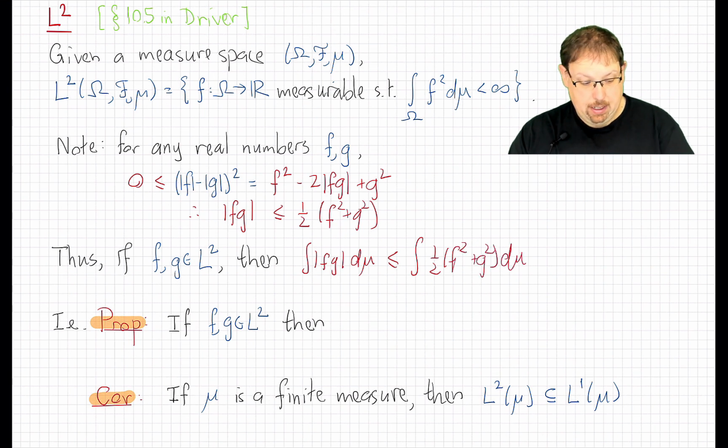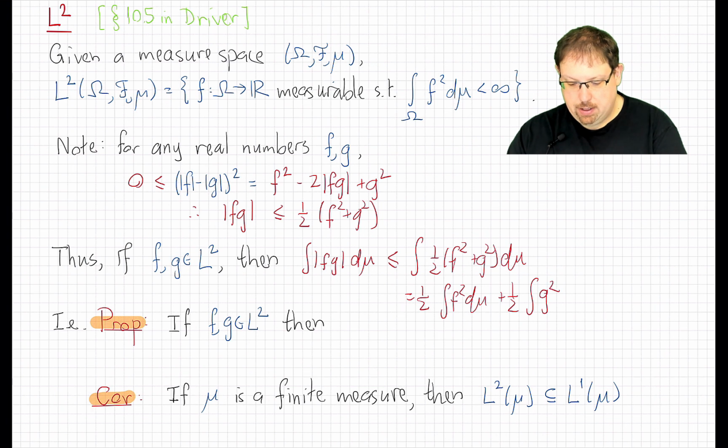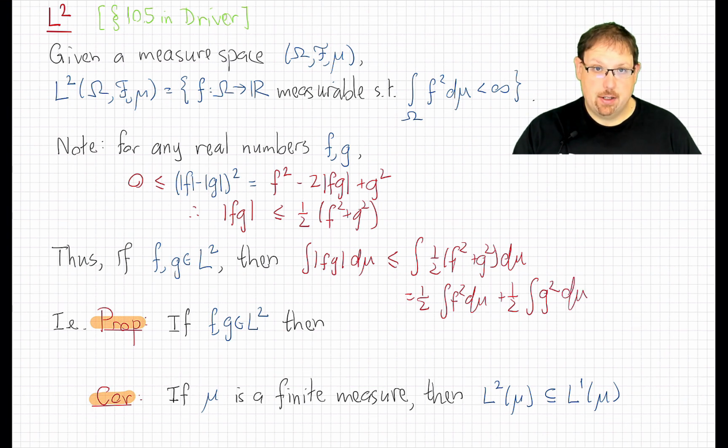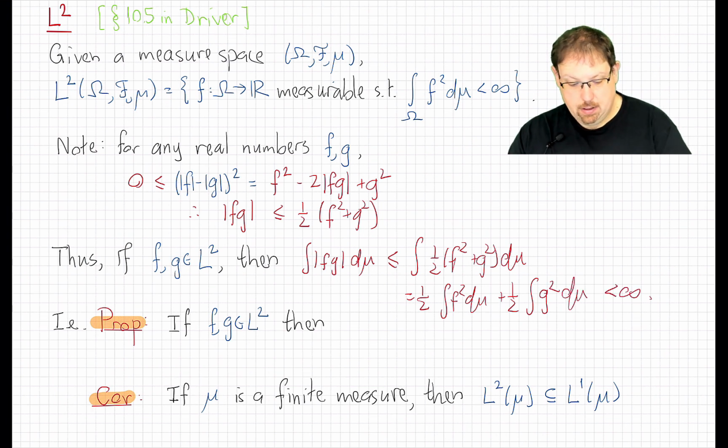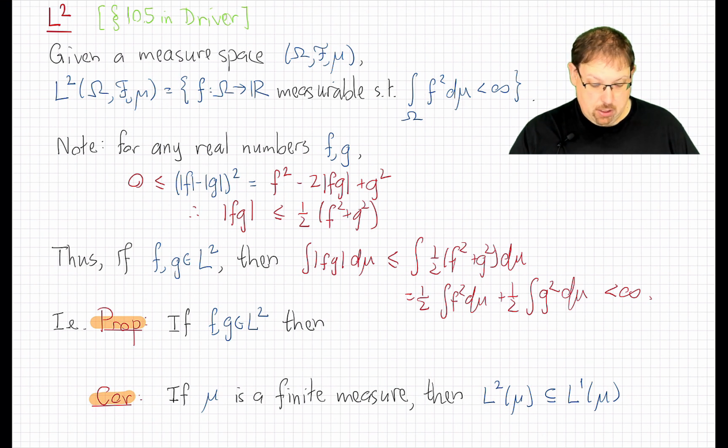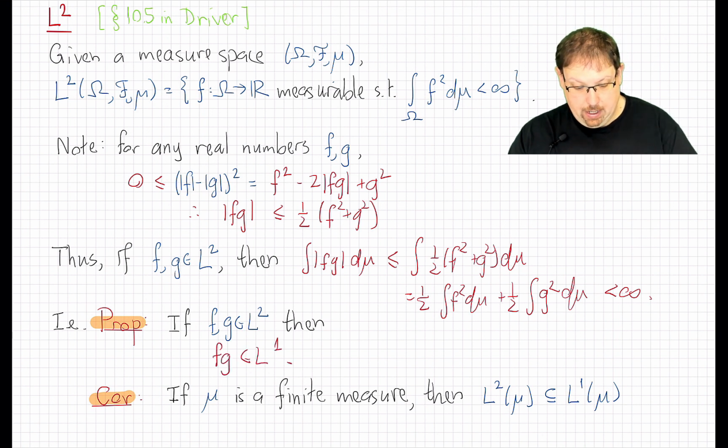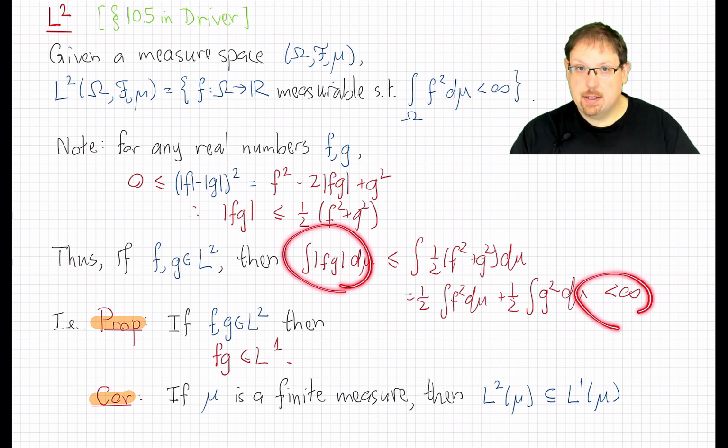But using the linearity of the integral, that's equal to 1/2 the integral of f squared plus 1/2 the integral of g squared. And since f and g are in L2, that is finite. So we have this proposition that if f and g are in L2, then the product, f times g, is in L1. That's exactly what this says.